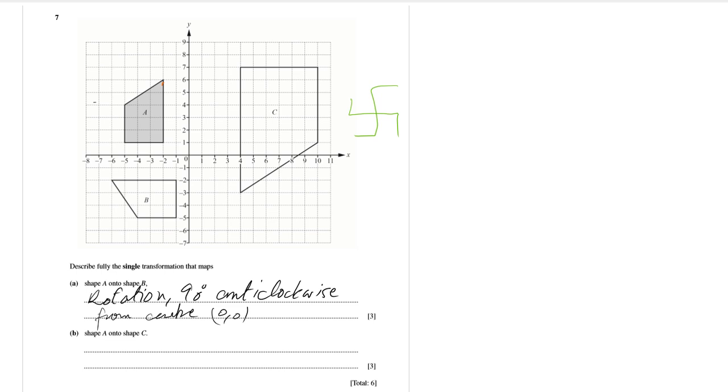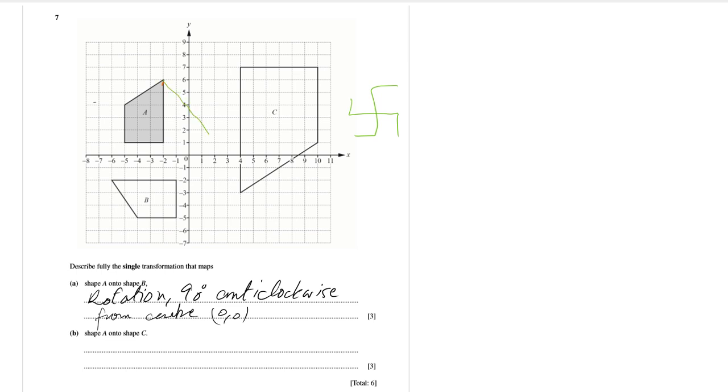Whenever it is going upside down, the center will always be between the object and image, and the scale factor is always negative. But the good news is you can find its center of enlargement quickly.